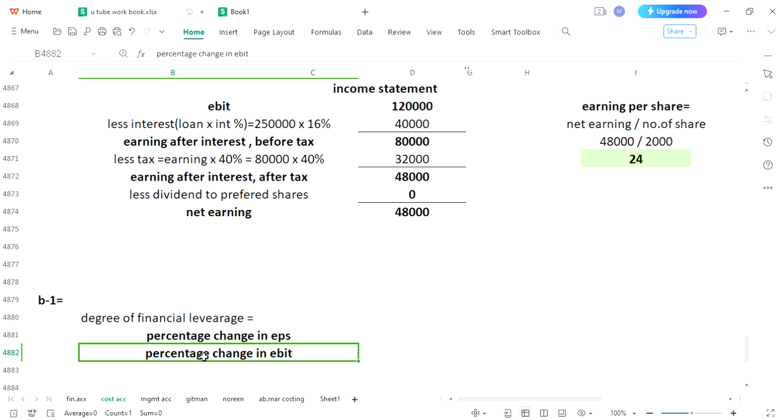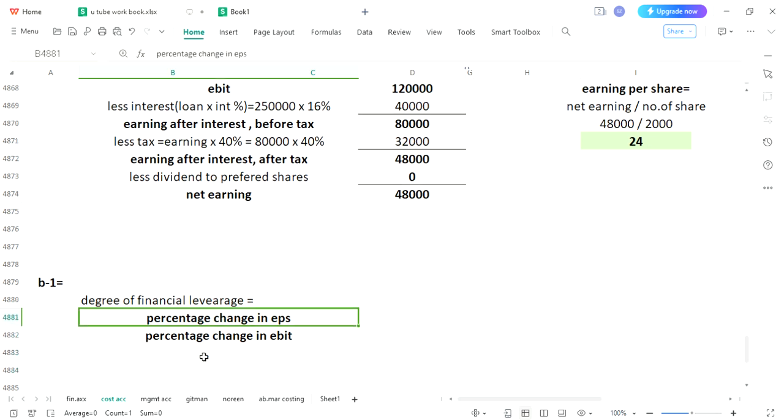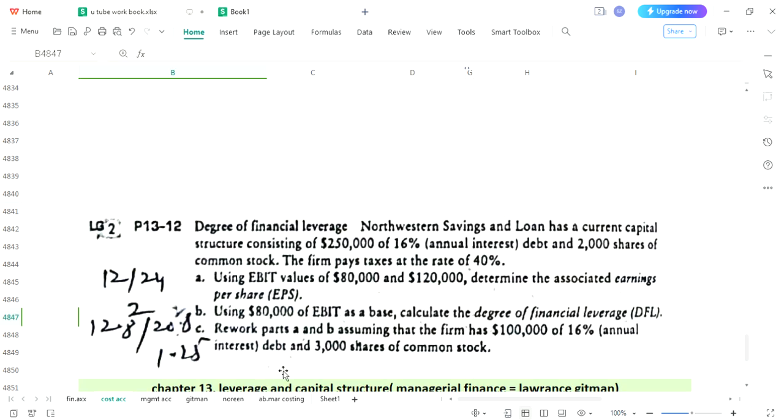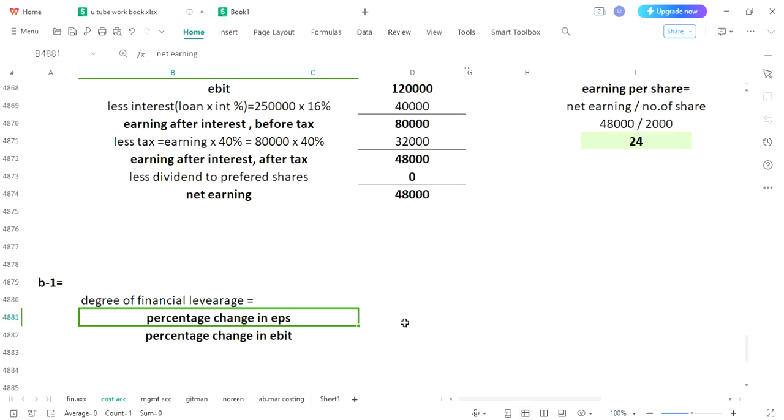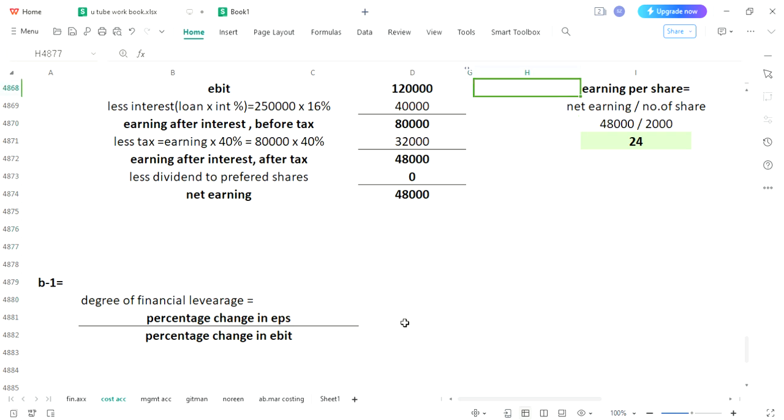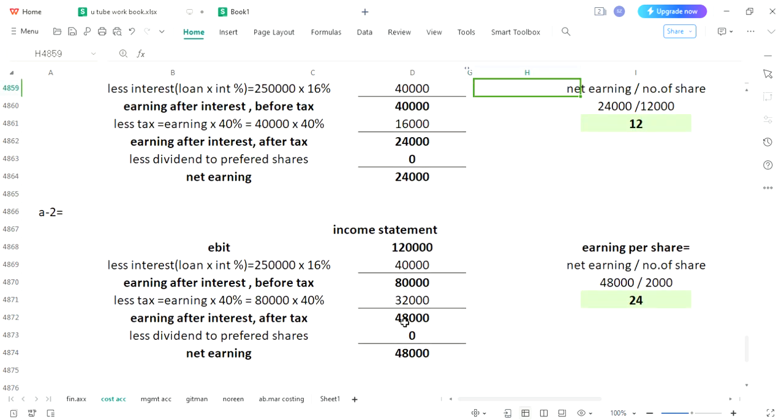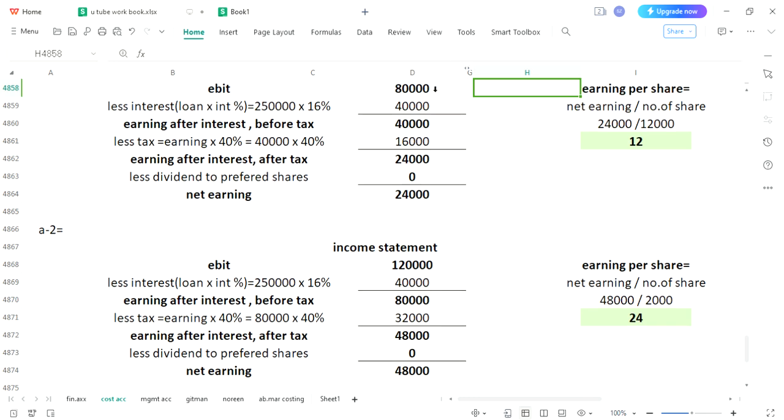First, we will calculate percentage change in EPS, or earning per share, but kindly keep in mind they are saying to take 80,000 as base. We have two EPS which were calculated above. Look over here, for 80,000 units, this is for 80,000 EBIT, we have 12 earning per share.